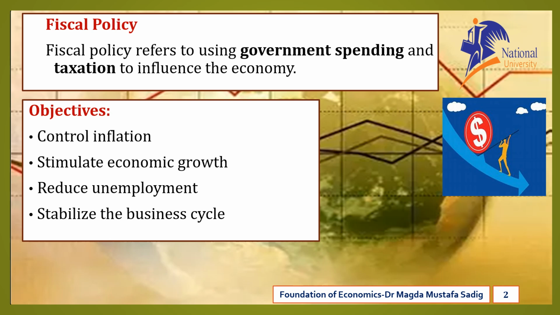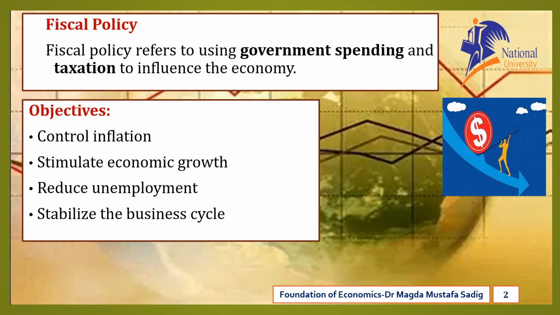Reduce unemployment by investing in infrastructure or public projects. The government creates jobs and supports employment. Stabilize the business cycle. Fiscal policy helps smooth out economic fluctuations, reducing the highs of booms and the lows of recessions.